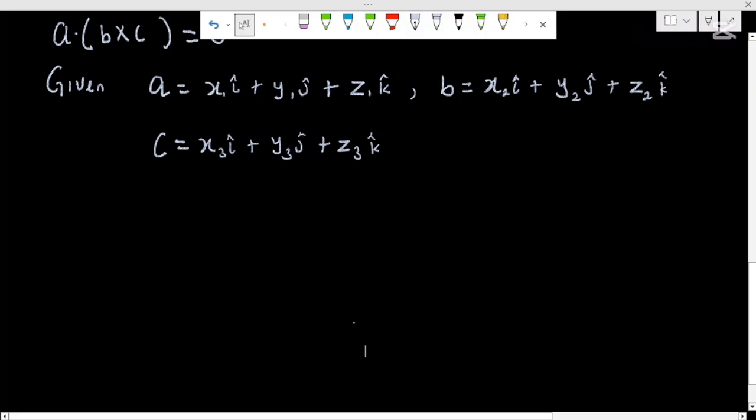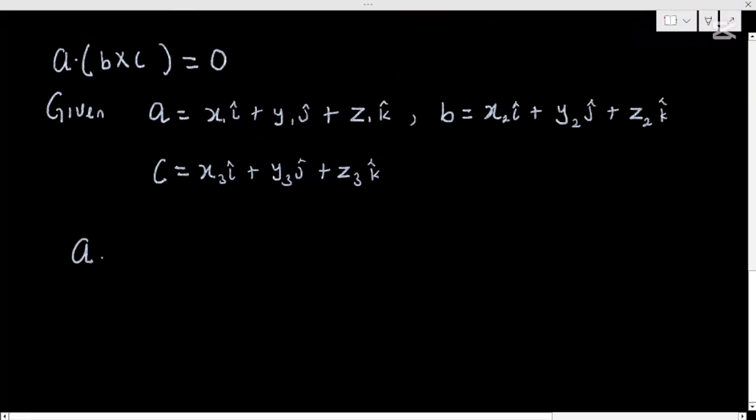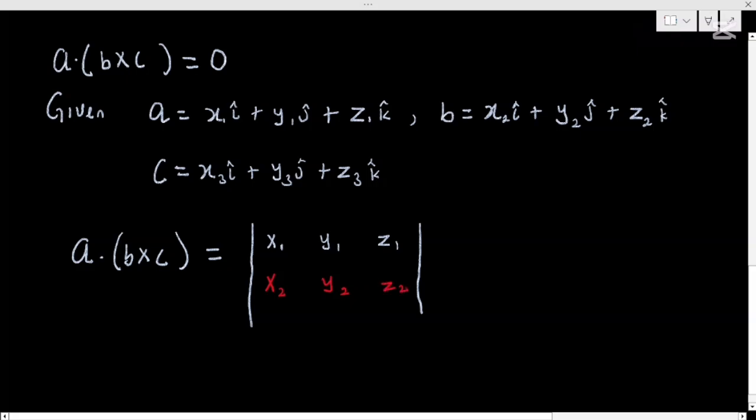Mathematically, it means we'll be having A dot B cross C, which is our scalar triple product, is equal to the determinant with rows x1, y1, z1, then x2, y2, z2, and also for C, we will have x3, y3, and z3.